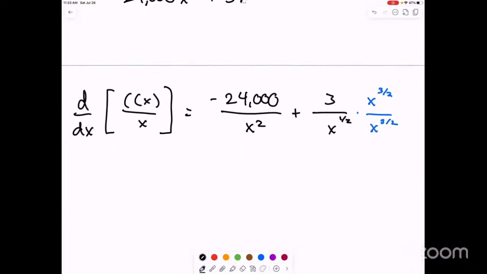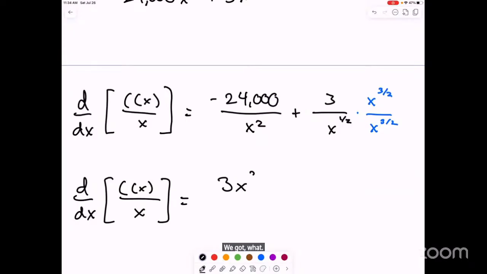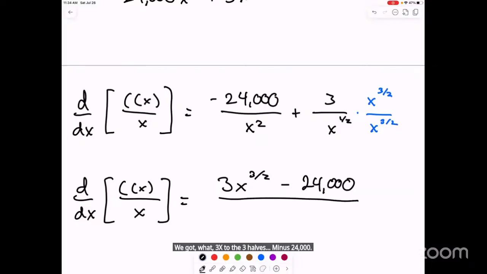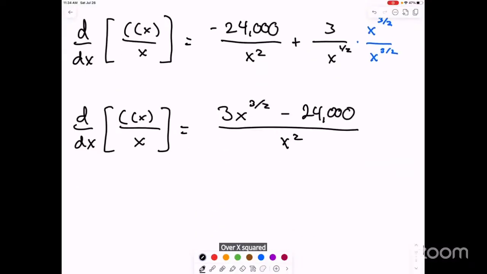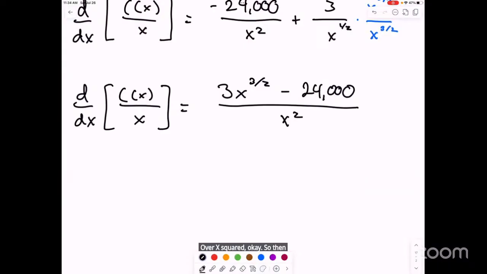So then we got 3x to the 3/2 minus 24,000 over x squared.